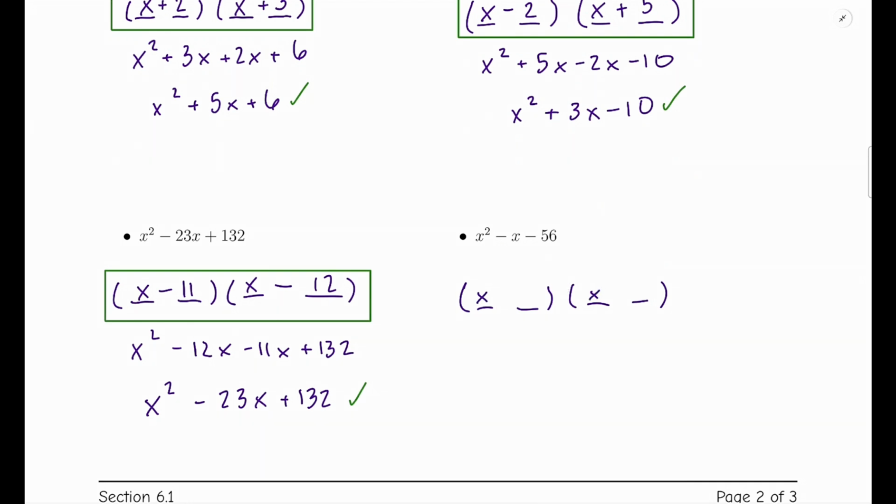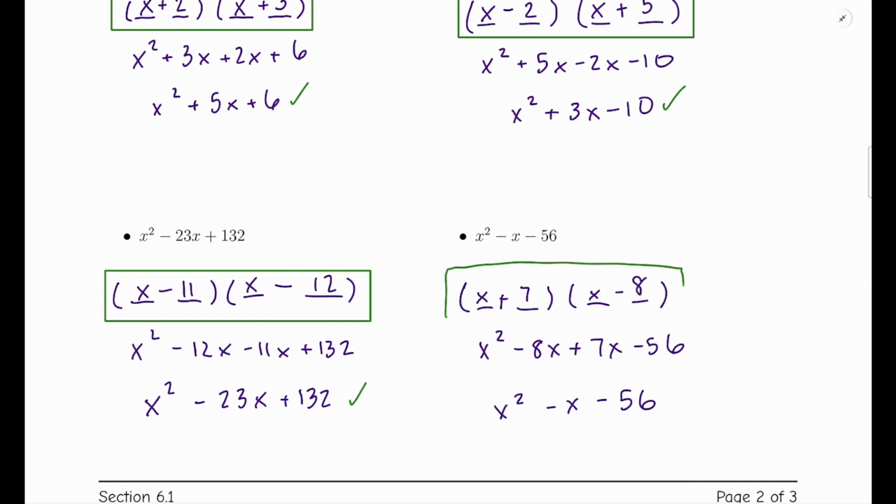X and x. And what times what is 56? 7 and 8. And the larger one must be negative. Check the work. We get x squared minus 8x plus 7x minus 56, which is x squared minus x minus 56. And there we go.